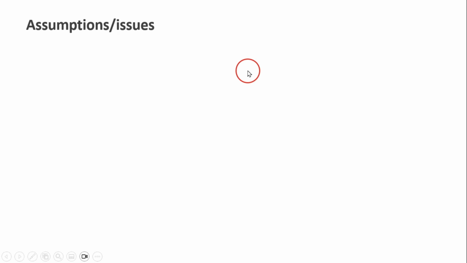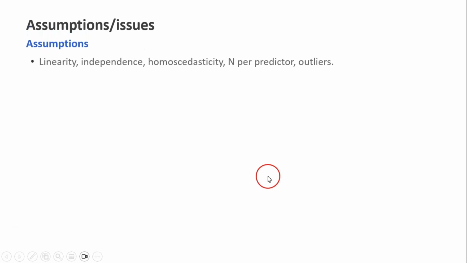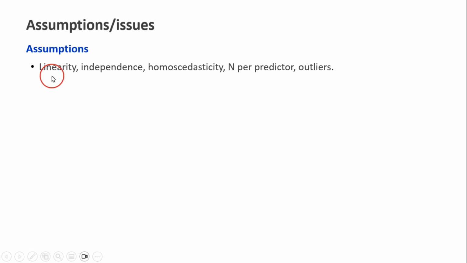So let's move on now. The final thing here is the assumptions and issues that would be involved with multiple regression. First of all, the assumptions are the same for multiple regression, basically, as they are with simple regression: linearity, independence of observations, homoscedasticity, the n per predictor, and outliers.